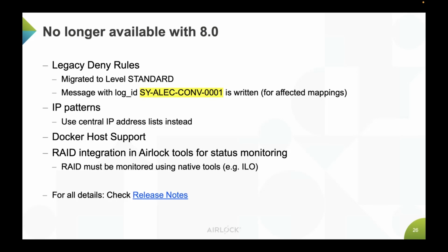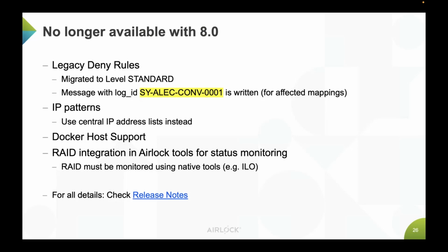However, if you missed certain mappings that still have legacy deny rules enabled, during the import they will be switched to level standard. And a message will be written to the log indicating this automatic change.